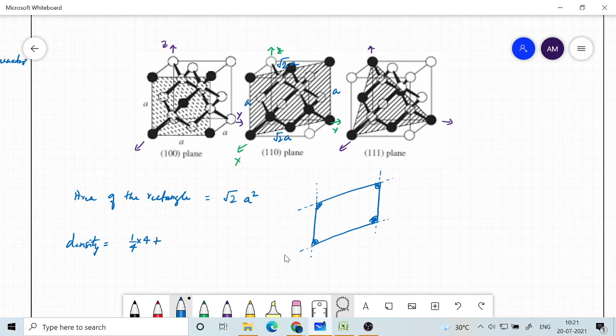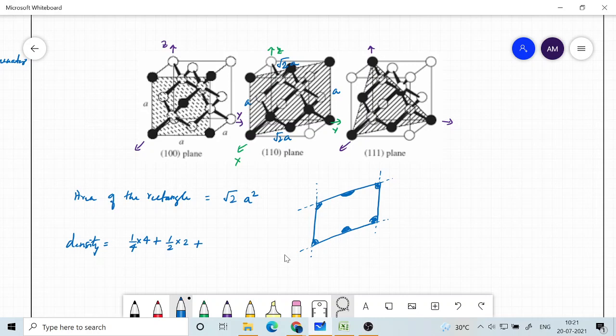Portions of the other rectangles will share the rest. So this is one, and then here there is a half, and here also there is a face centered atom, so that will be shared by two such, so that will be 1 by 2 into 2.